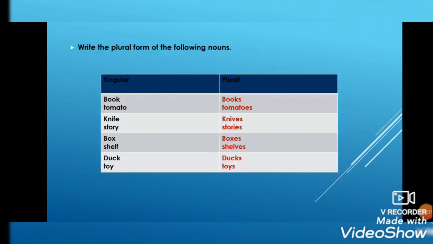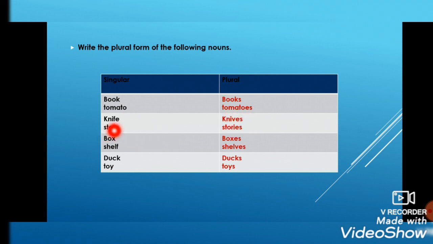Now, let's do this exercise together. Write the plural form of the following nouns. So we have in this column the singular nouns, and we have to change them into plural in the second column. Book, books. We only add s. Tomato, it ends with o, so we have to add es, tomatoes.